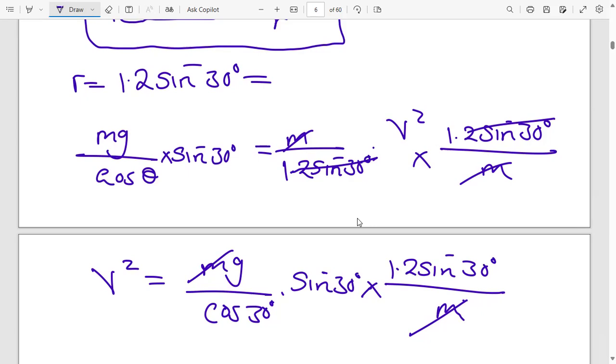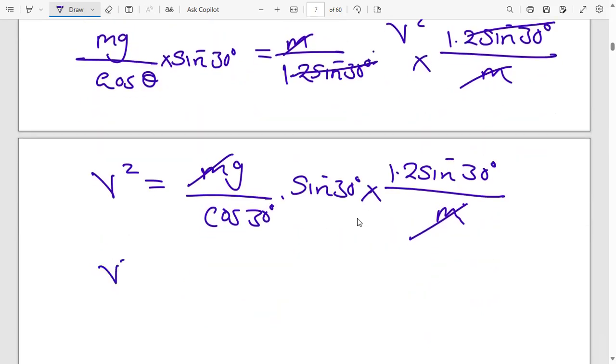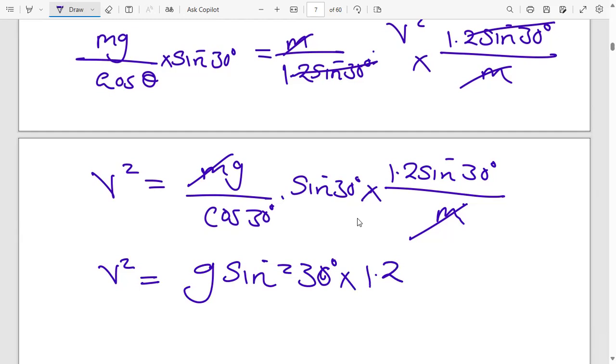So we're going to have v squared being equal to, I've already reduced, so I'm going to remain with g sine squared theta, which is 30 degrees, multiplied by 1.2, like that, over cos 30 degrees.